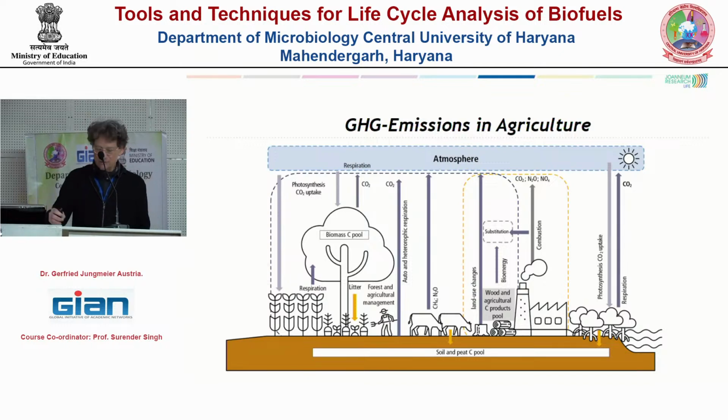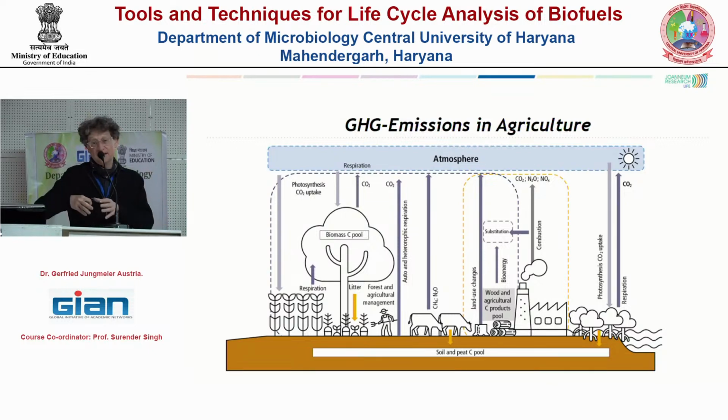So I'm telling you a little bit now also about the greenhouse gas emissions that occur directly in agriculture, because that is also relevant to understand in the LCA. So agriculture has, on one hand, CO2 emissions from soil preparation.